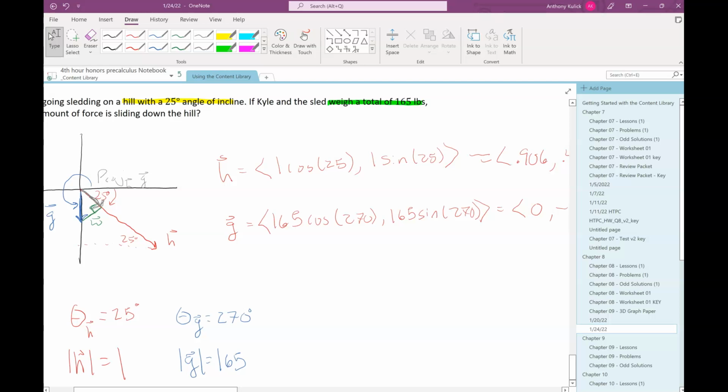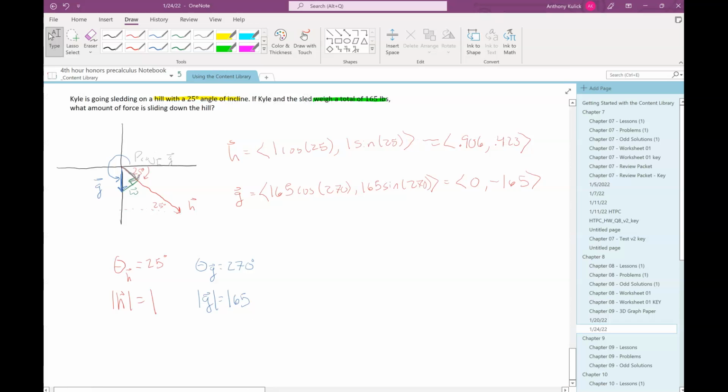And I'd say, sure, I like to do it this way just so you can see the formulas that we're using, but there's nothing wrong with just looking at the picture and going, oh yeah, that certainly has to be 0, negative 165. No biggie. Everybody feel okay so far? Okay.